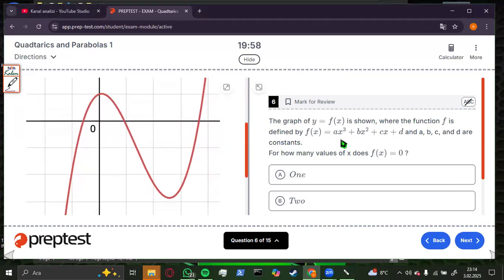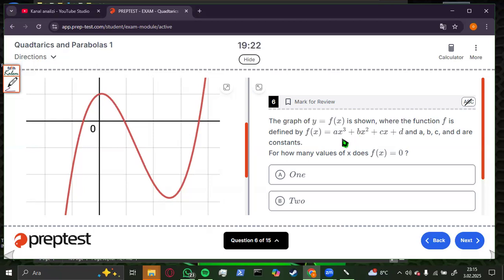When you look at this question, we haven't studied these third degree equations. I know, but no matter which equation it is, all you need to understand is how many x-intercepts there are on the graph. Because if you see 3 x-intercepts, it means that there are 3 roots or 3 x solutions for this equation.